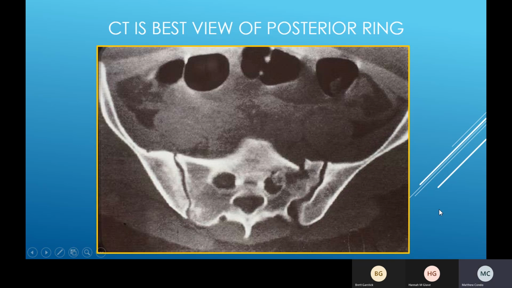CT is going to be my number one modality for the posterior ring. Reason being is because I can create a 3D image, or I can create an axial image of the posterior ring or any other structure by the nature of the CT scan. Remember, CT scan is just a whole bunch of X-rays.